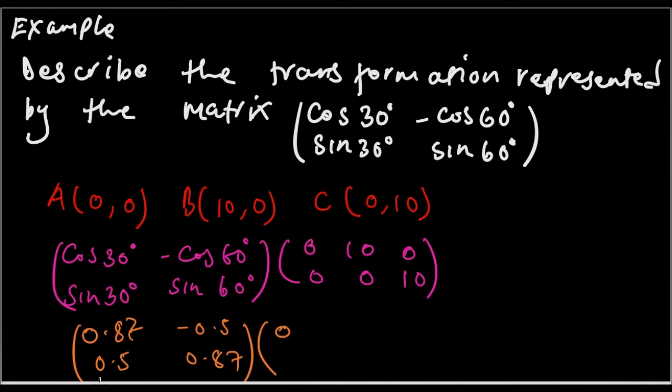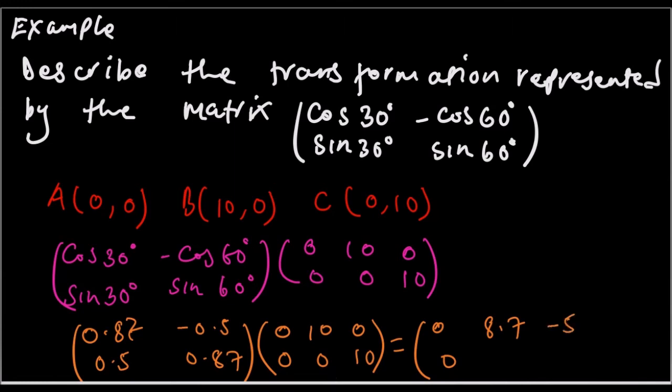Then you multiply by the matrix of the triangle: 0, 0, 10, 0, and 0, 10. When you multiply, the first column is 0 and 0. Then 0.87 multiplied by 10 gives 8.7, and because the other one is 0, and the other entry is minus 5.